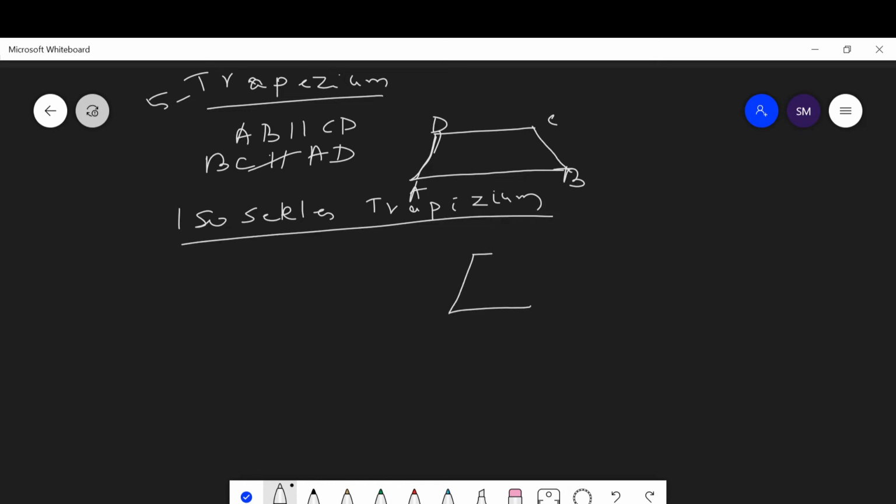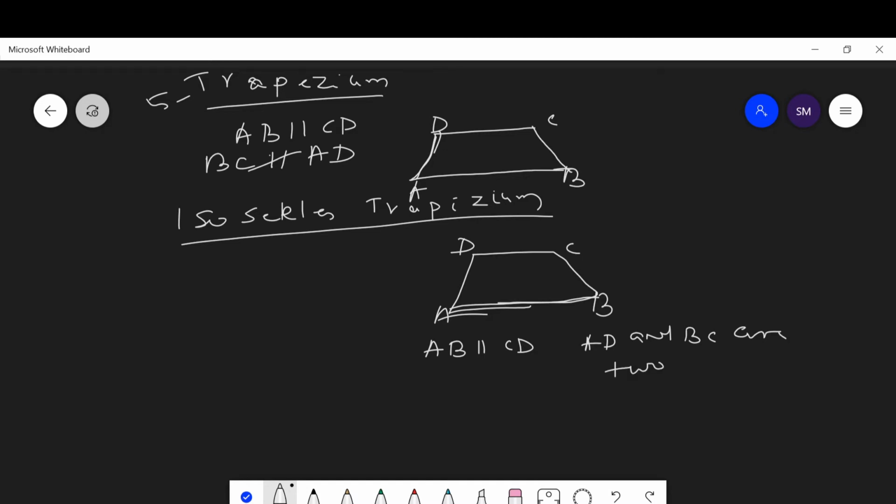Suppose ABCD is a trapezium in which AB is parallel to CD, and AD and BC are the two non-parallel sides. In case of isosceles trapezium they are of same measure. Then in case of isosceles trapezium, BC is equal to AD.